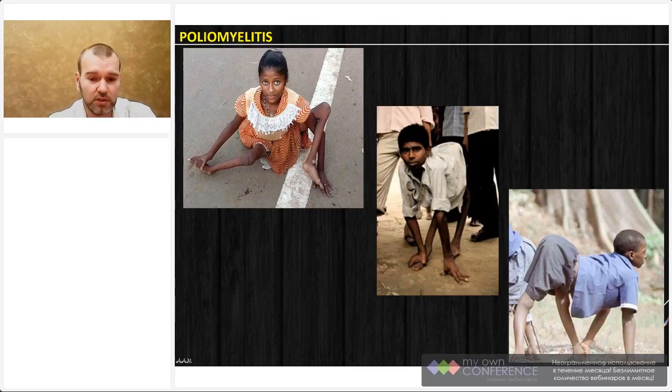As you can see in those pictures, people can walk like monkeys because actually legs are not working properly. And if arms are damaged, then usually those kids will use legs to perform any activity, and they can paint, eat with the legs, and perform every activity only with the legs because arms are absolutely not working.